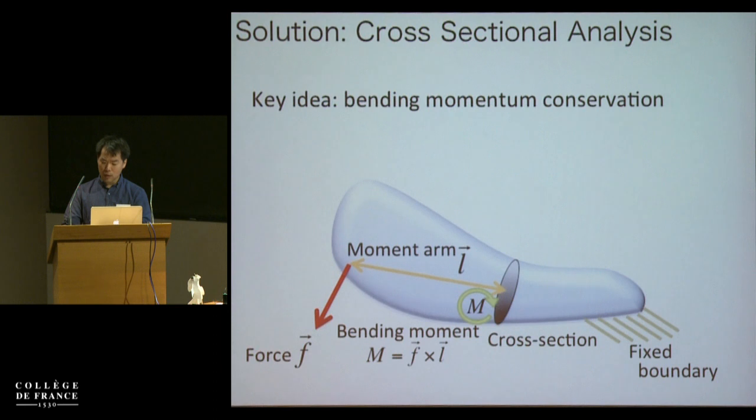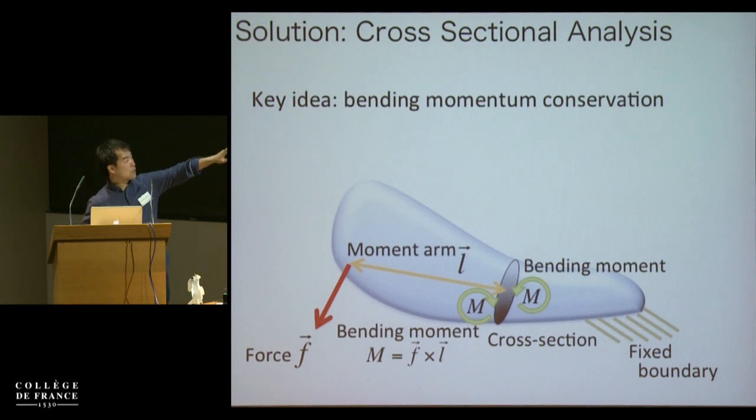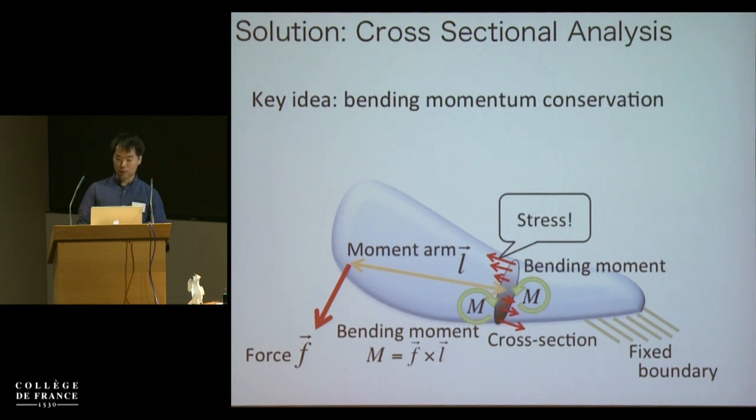By definition, the bending moment should be conserved. So if there is a bending moment from this moment arm and force, there should be a counteracting bending moment that cancels it. And this bending moment comes from stress inside the object. And we can get the stress here.